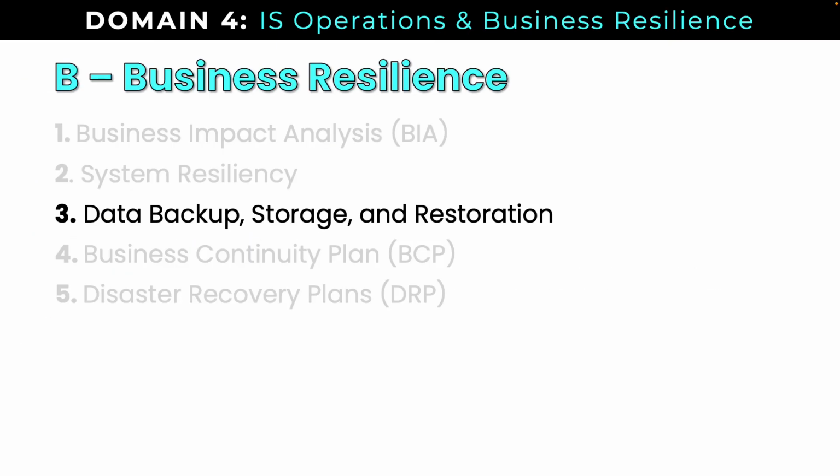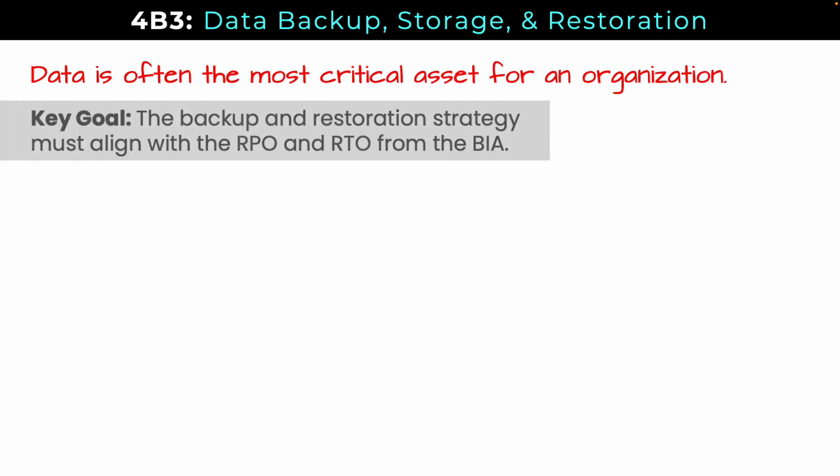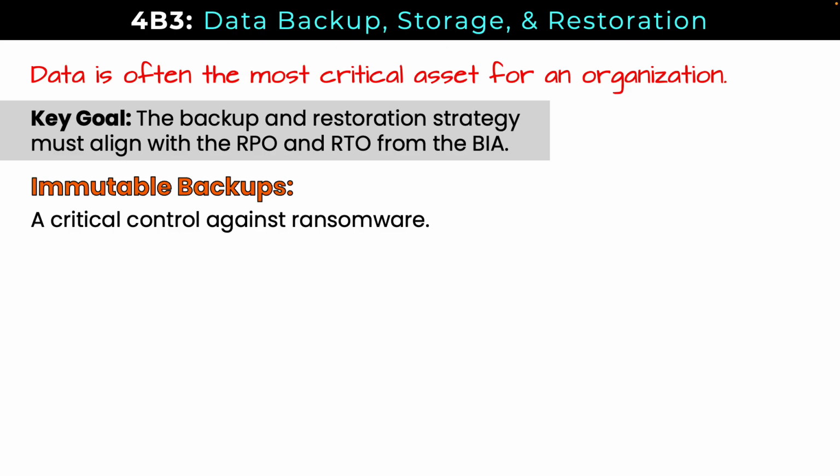All right, let's move on to number 3 in the list, data backup, storage, and restoration. Oftentimes, data is the most critical asset for the organization, and our goal is that the backup and restoration strategy has to align with our recovery point objective and our recovery time objective from the business impact analysis. There are a few techniques we can use, immutable backups, which are actually a critical control against ransomware.